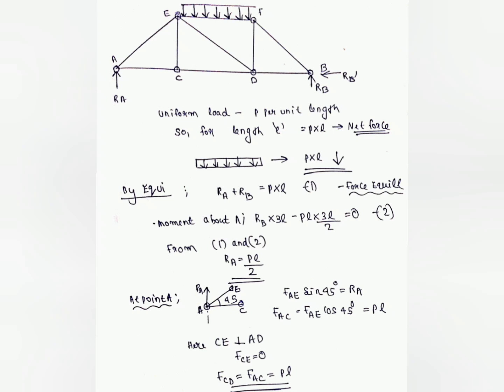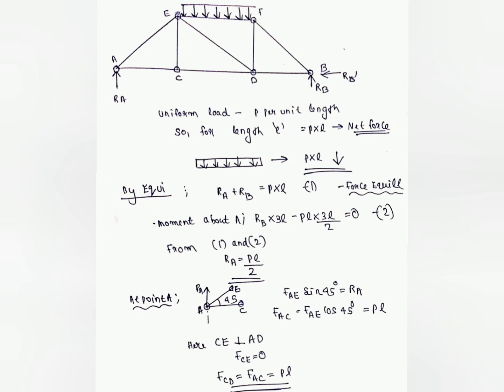Suppose I take the anti-clockwise direction as positive, as a sign convention. So RB into 3L, and the other force acting is the net effective force PL, which acts exactly at the middle of the uniform load. When I extend that force downward, it intersects exactly at the middle of the whole length AB.